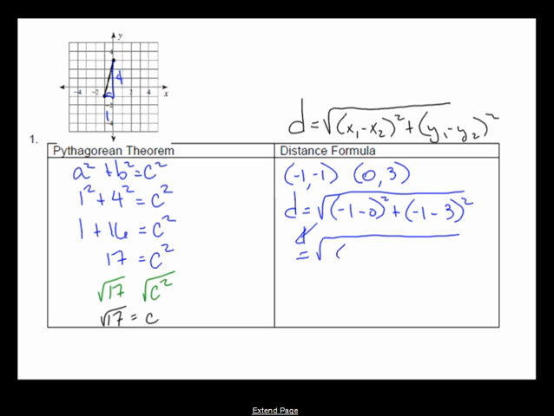This becomes (-1) squared plus (-4) squared. We square each of these numbers inside, so that becomes 1 plus 16. And 1 plus 16 is the square root of 17, which again cannot be simplified. The distance formula and Pythagorean theorem will both yield the same answer. They're just going to get there in a different direction, that's all.